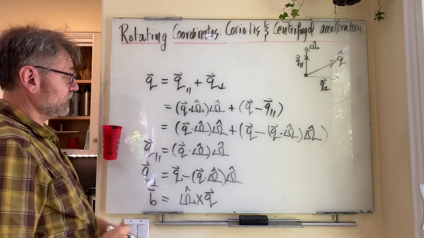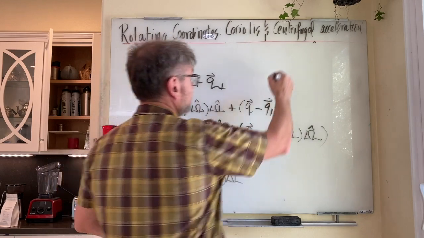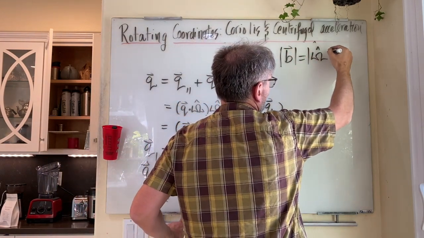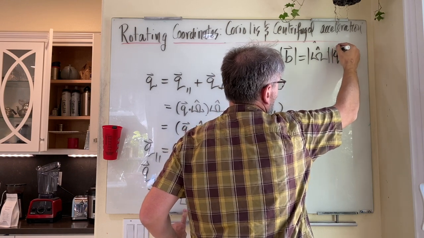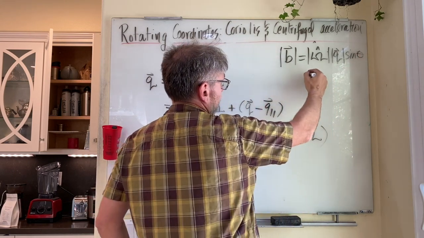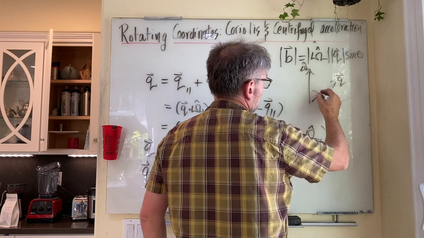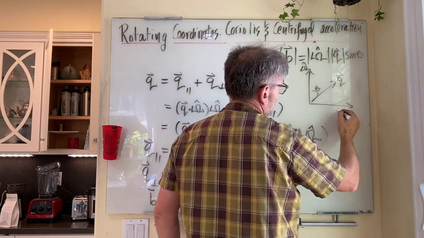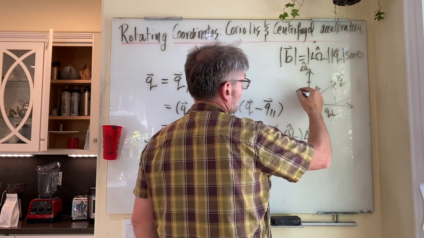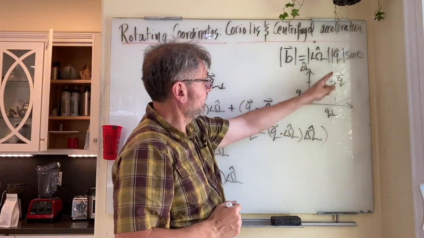And the magnitude of this cross product, if you don't remember, the magnitude of b is the magnitude of omega hat times the magnitude of q times the sine of the angle between these two vectors. So if this is omega hat, this is q, this angle is theta, this is q perp, this is q parallel, and the magnitude of this one is sine of theta.